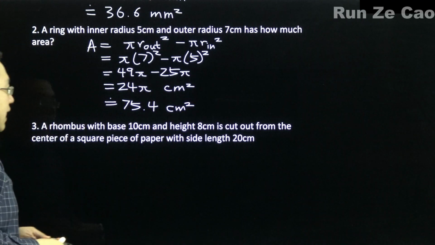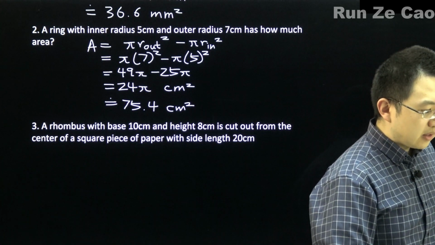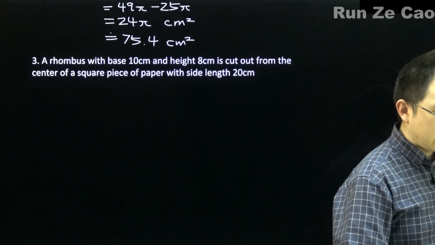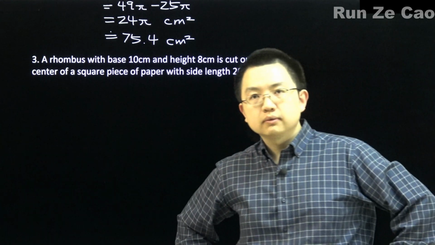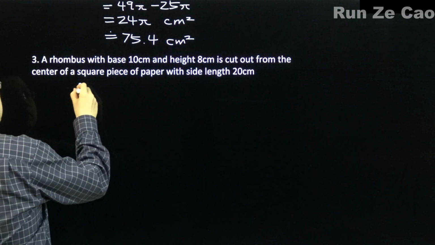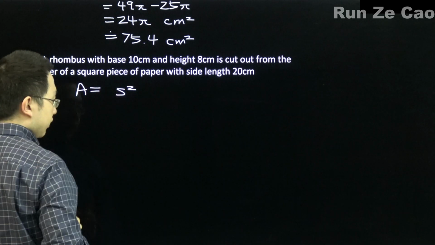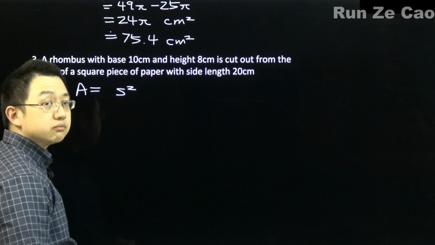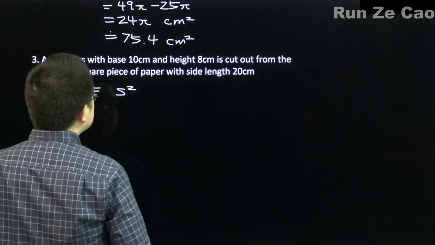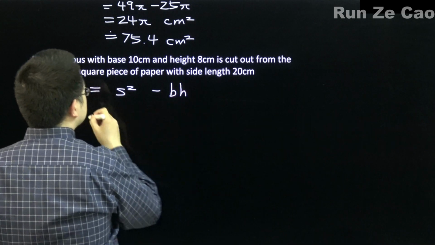Now a rhombus with base 10 centimeters and height 8 centimeters is cut out from the center of a square piece of paper with side length 20 centimeters. Okay, so the area is equal to, yes, the formula for squares is generally just written s squared, so side length squared, minus base times height.